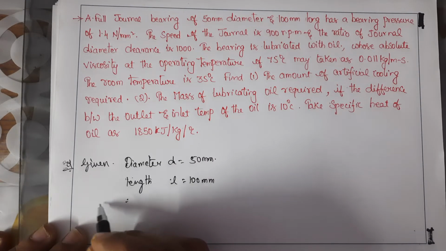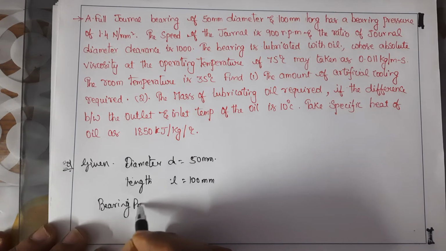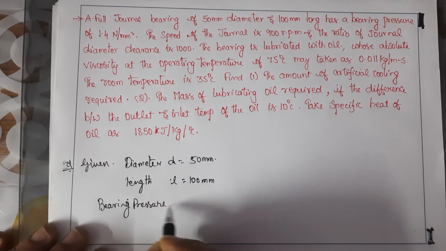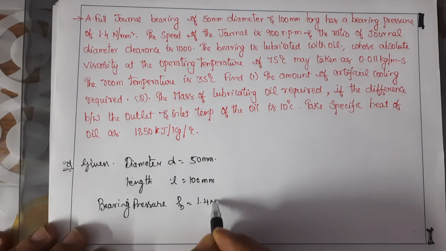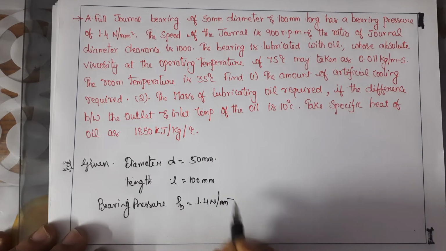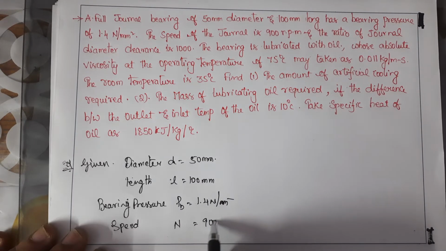Next he has given the bearing pressure, PB is equal to 1.4 Newton per mm square. Speed he has given as N is equal to 900 rpm.